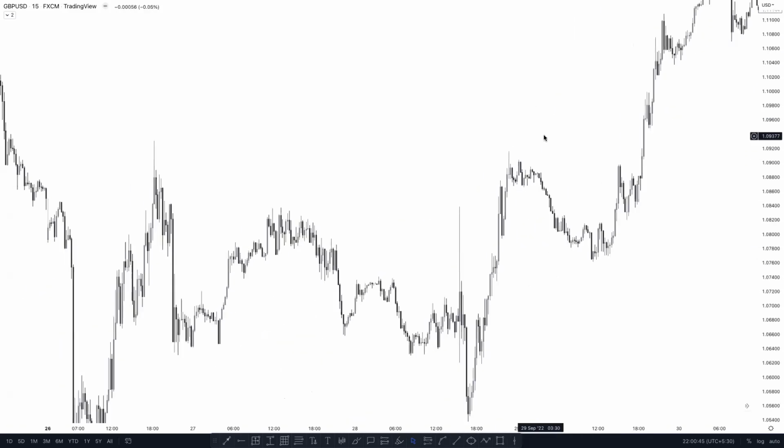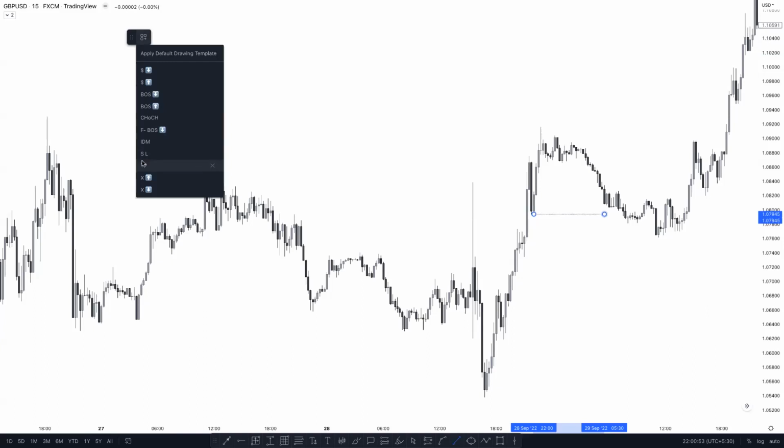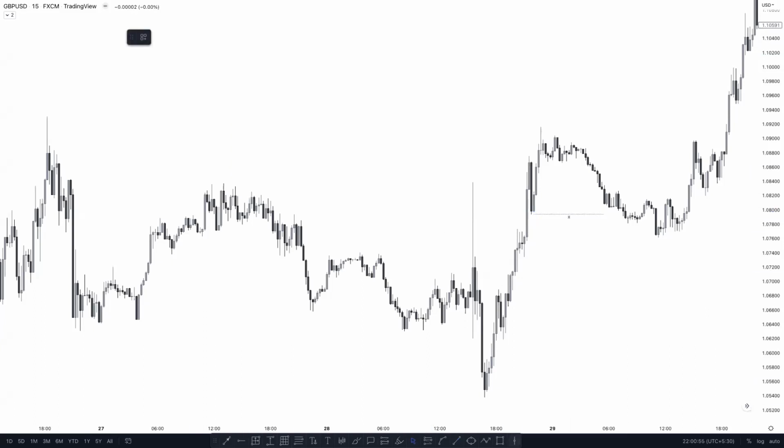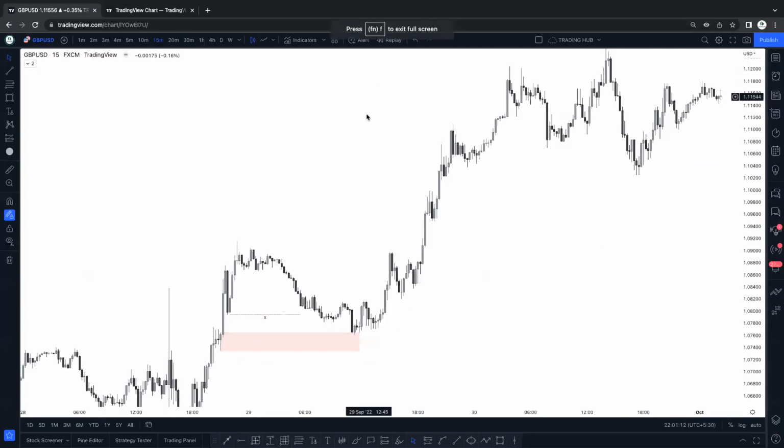Okay, I think this area is looking very good. This one has taken out the inducement, and we generally wait for this here. So let's do the backtest. This entire zone is here. Let me open this one.